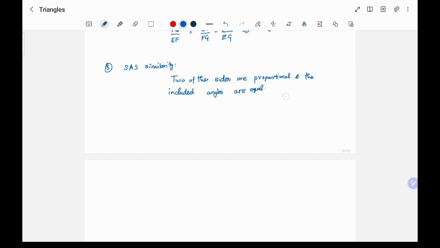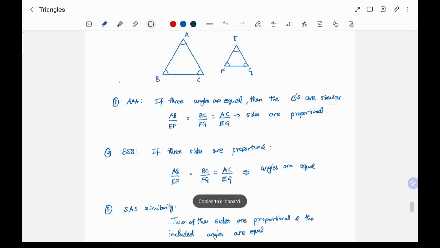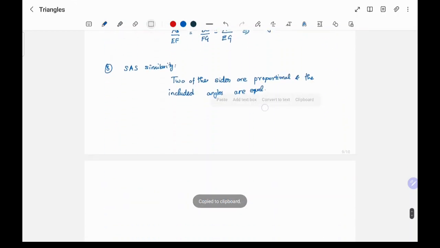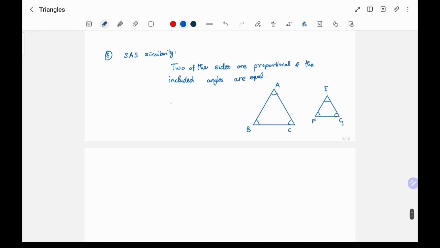So let's say AB equal to EF and BC equal to FG and angle B is equal to angle F.